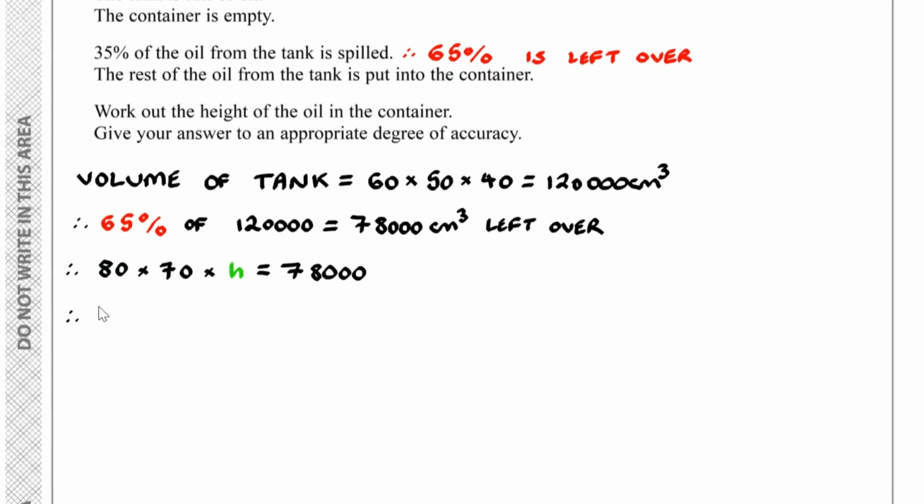So h is equal to 78,000 divided by 80 times by 70.